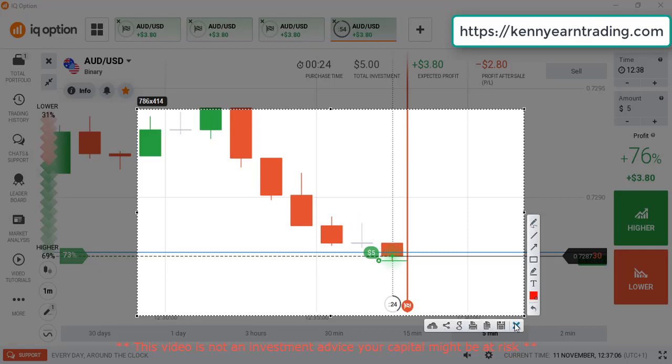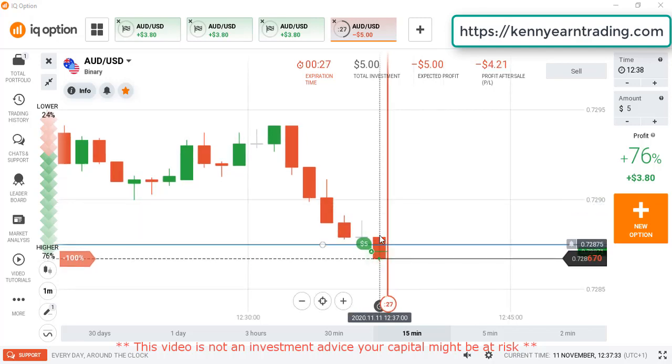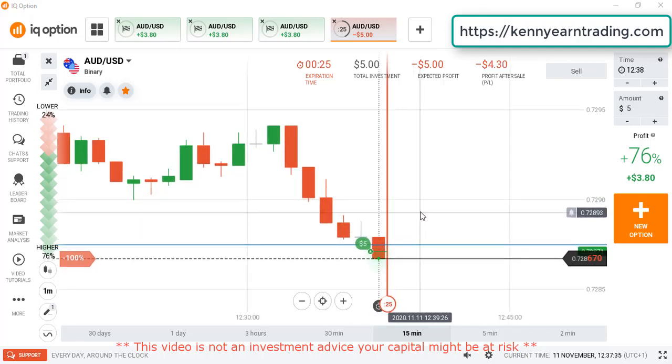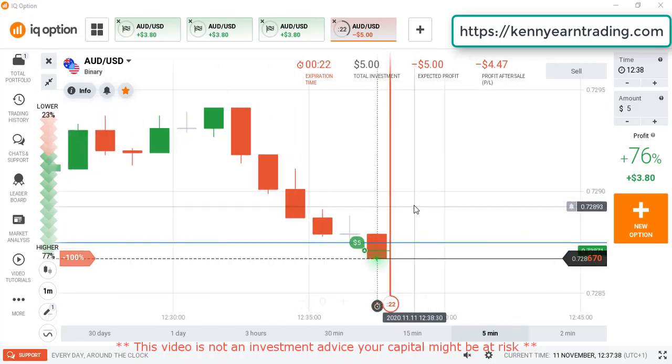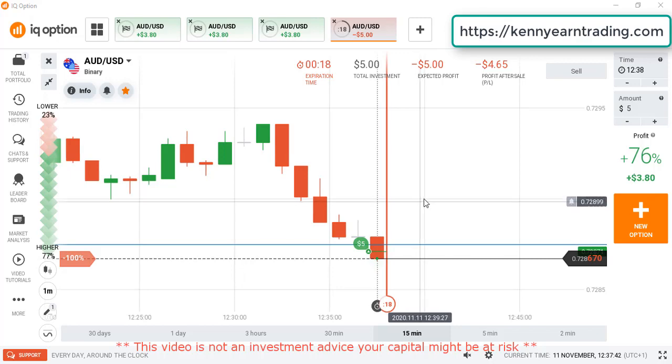We might get a little retracement from buyers, but it seems sellers are still strong. I can still see strong pressure from sellers. Okay, let's see the close of this candle.